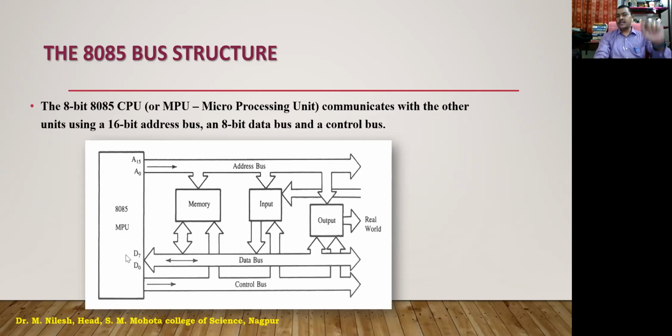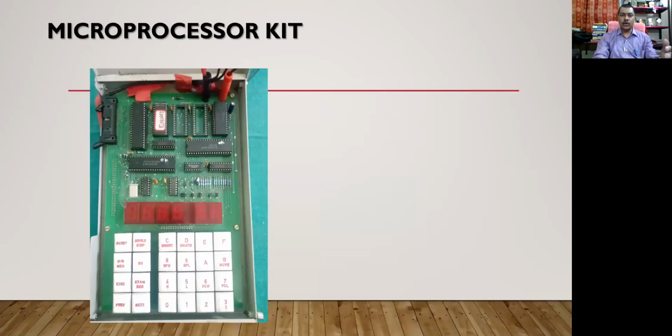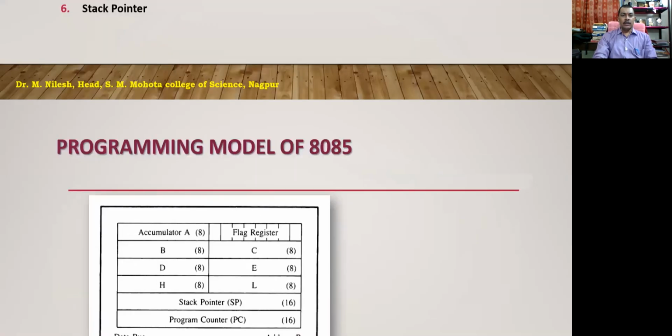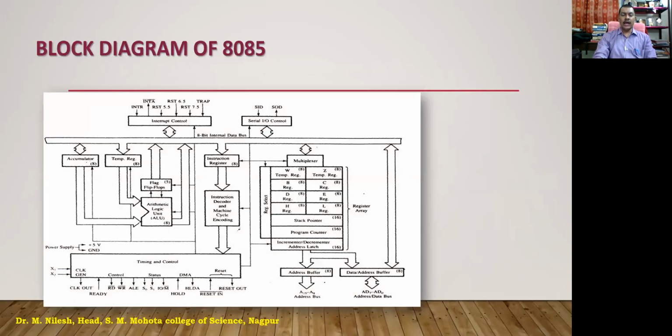And where will that data go first? If you remember the architecture of the 8085, we saw that in the architecture. Now we are inside the 8085. This data, by using this data line, the data bus, is put into the temporary register over here.